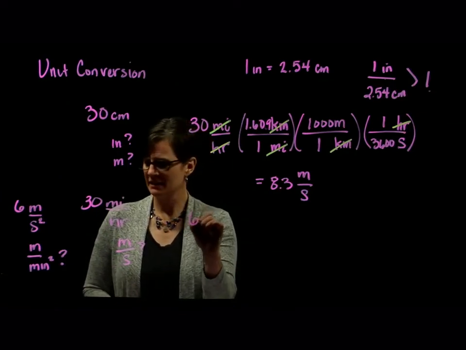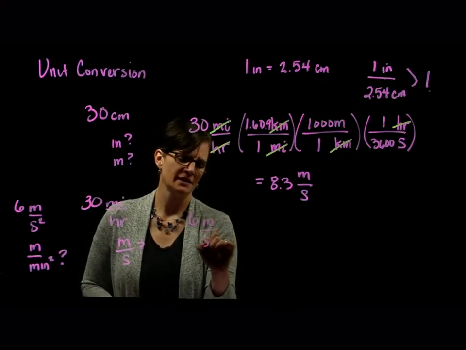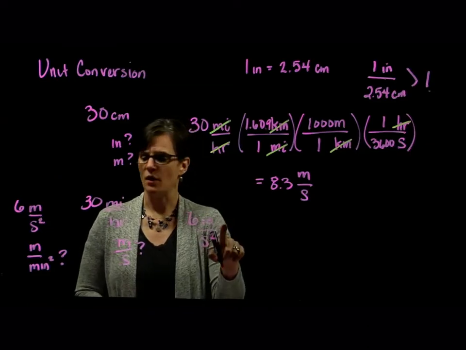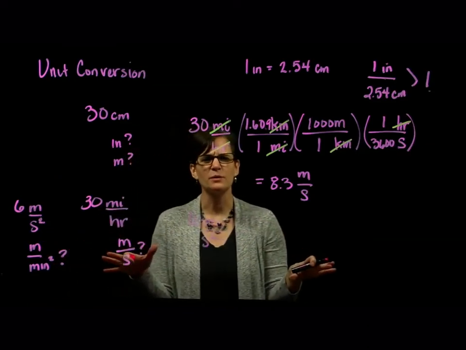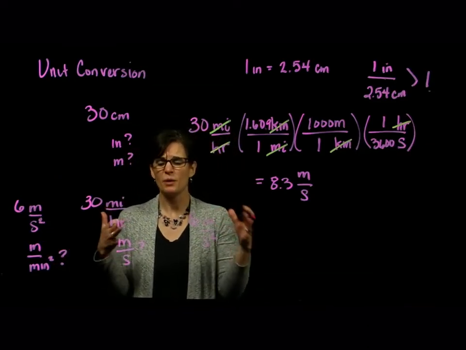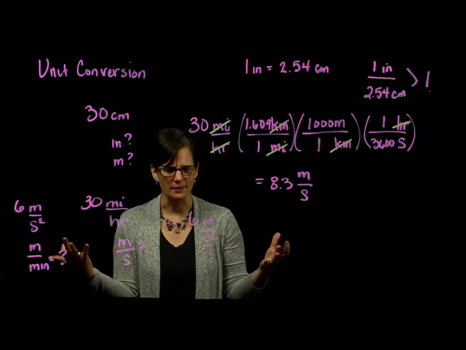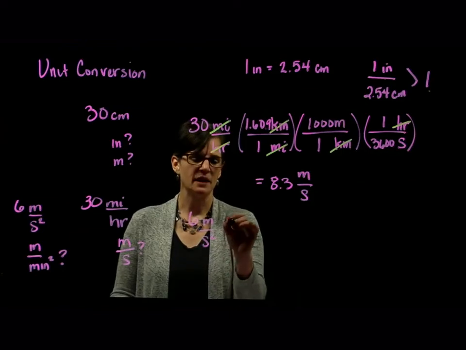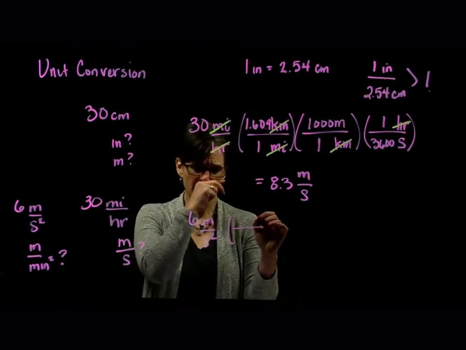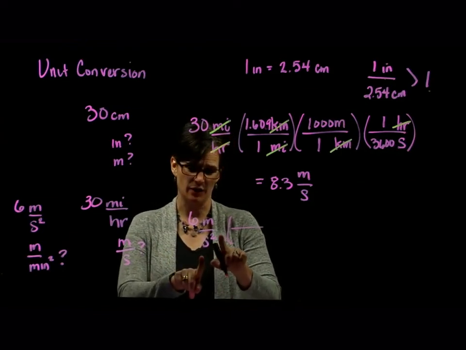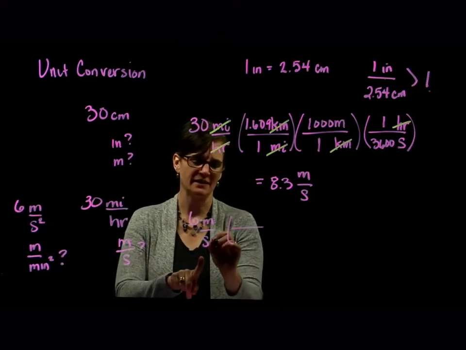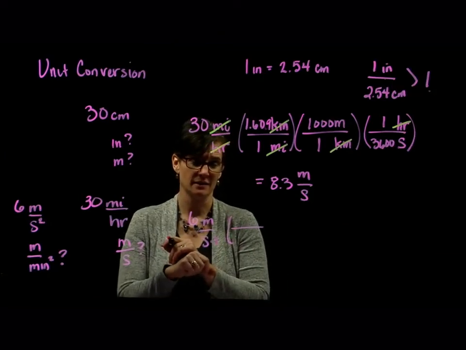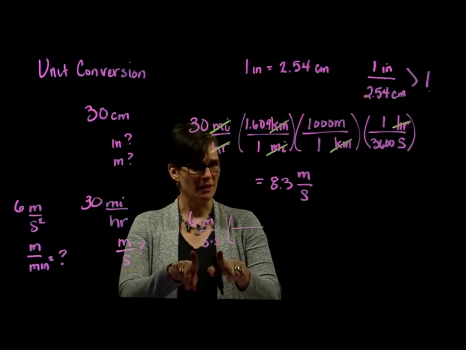We have 6 meters per second squared. Now, I want meters on the top, so I'm not going to even worry about the top dimension. If we wanted to worry about the top, we do the same thing on the top. But I do want to go from seconds to minutes. Now, I know that there's 2 seconds here on the bottom. I can rewrite this as second times second, so I need to get rid of both of them.